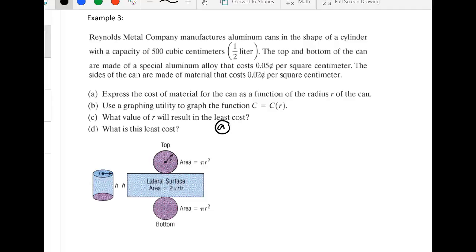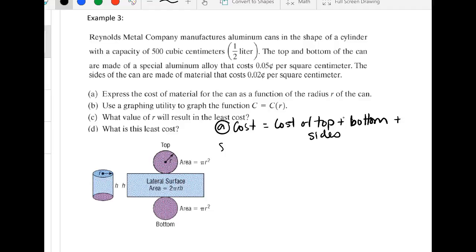Here we go. So cost, that means I need the cost of the top. Would you agree? Also, I need the cost of the bottom, and I need the cost of the sides. Well, these are all surface area.